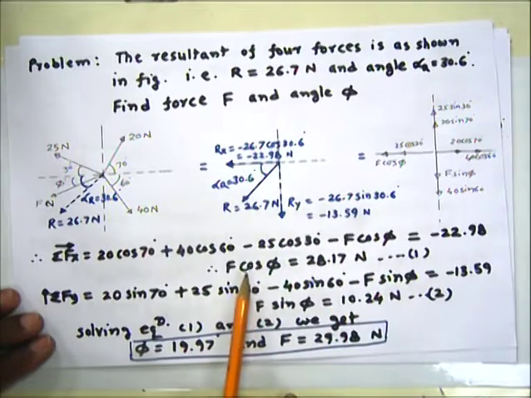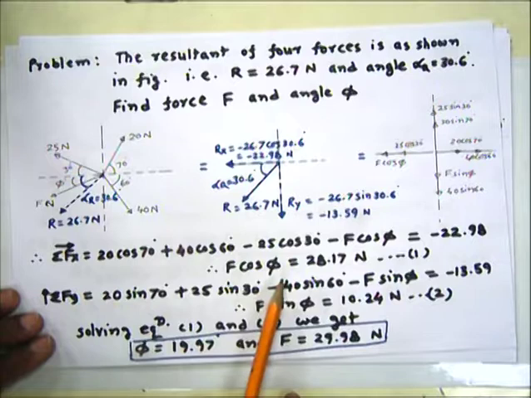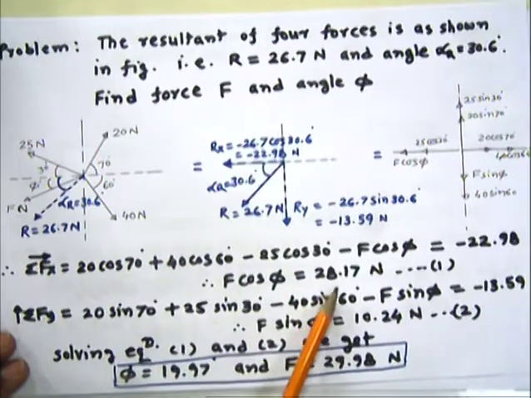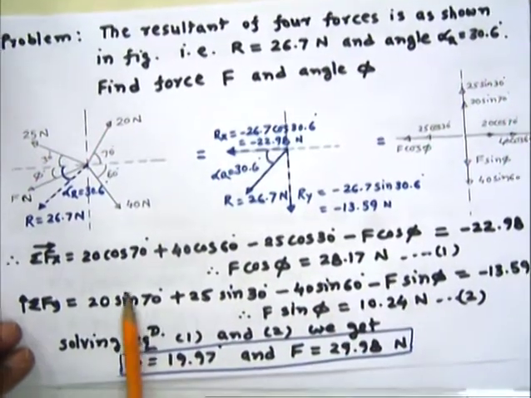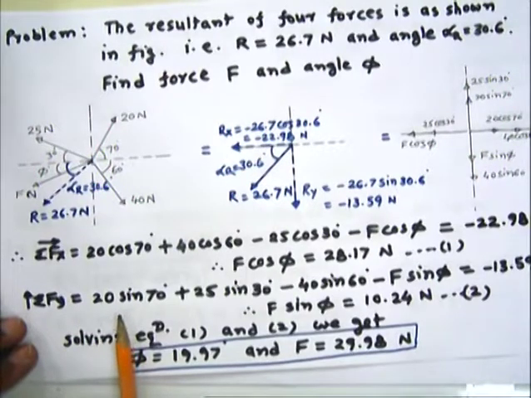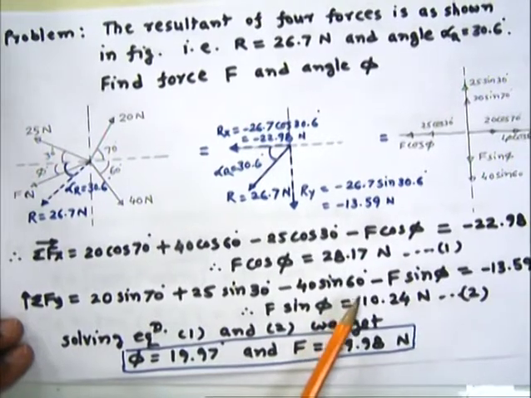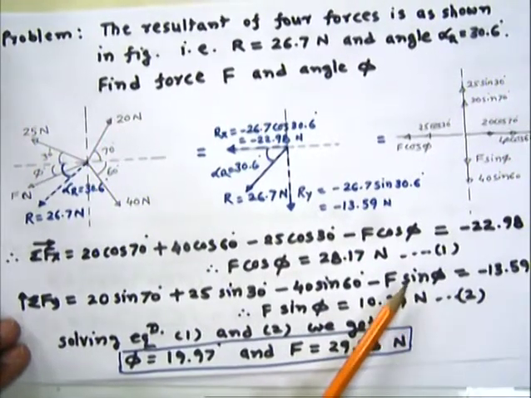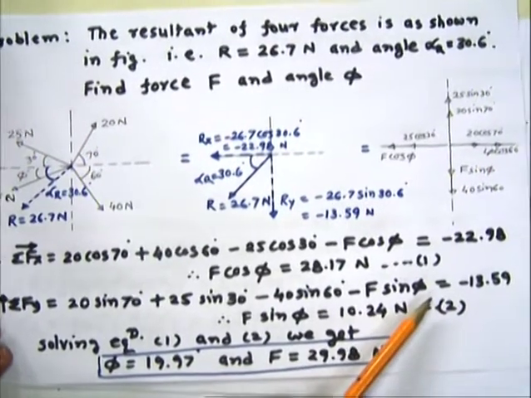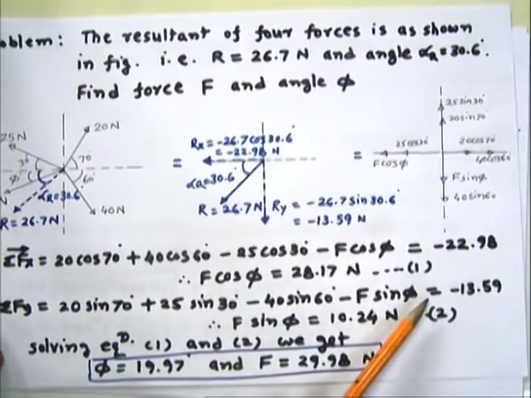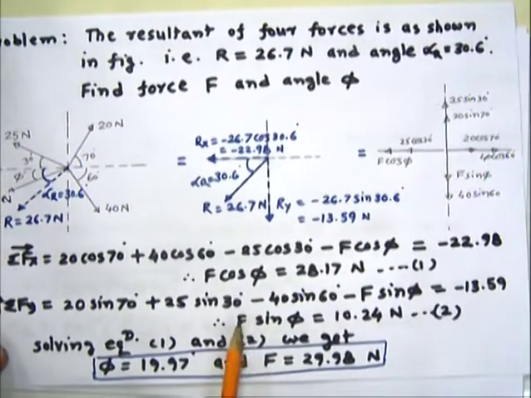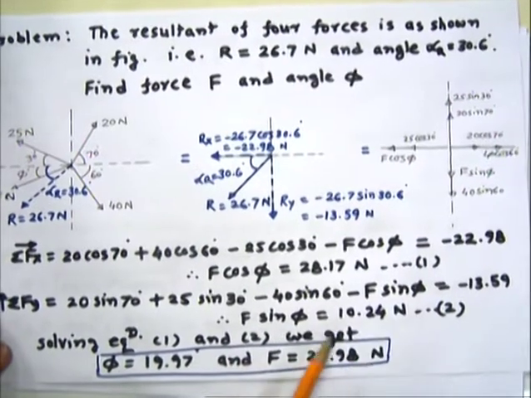So finally we get F cos phi equal to 28.17 Newton. And sigma Fy is equal to 20 sin 70 plus 25 sin 30 minus 40 sin 60 minus F sin phi, which is equal to minus 13.59. From that we can find F sin phi is equal to 10.24 Newton.